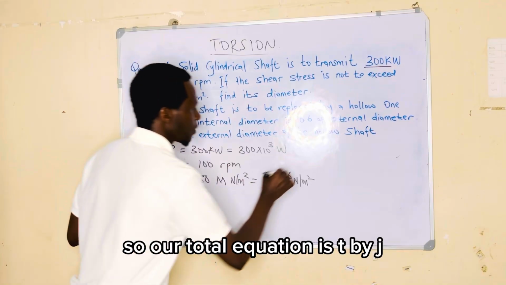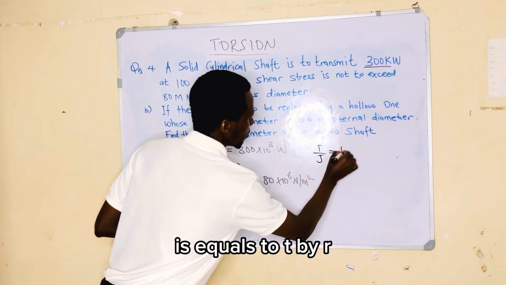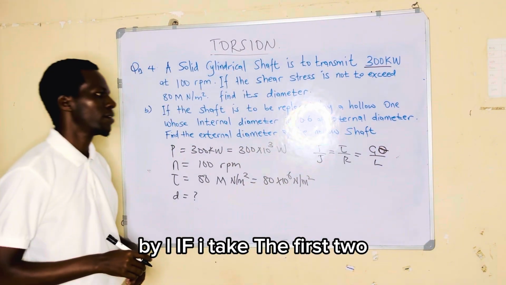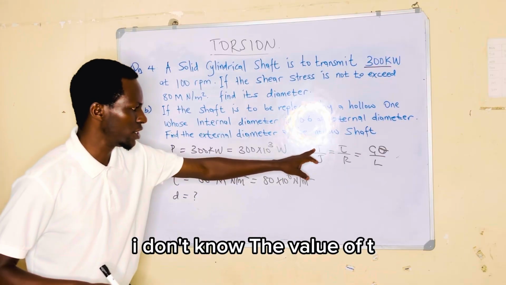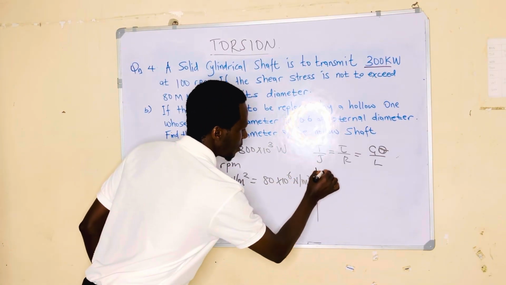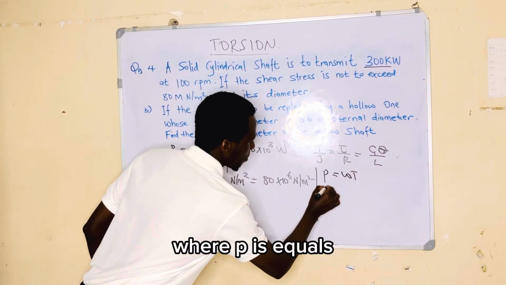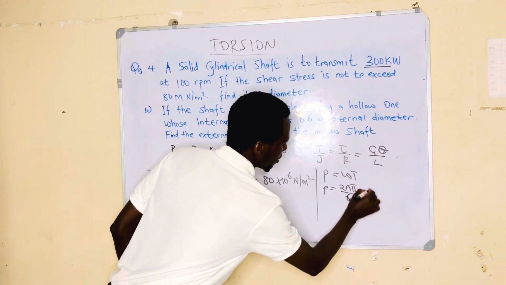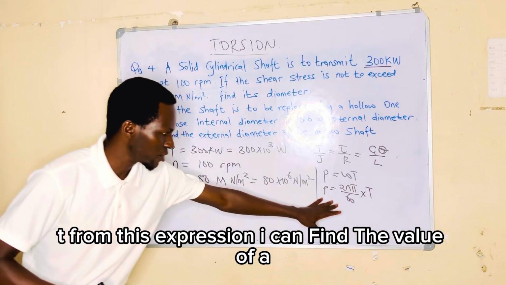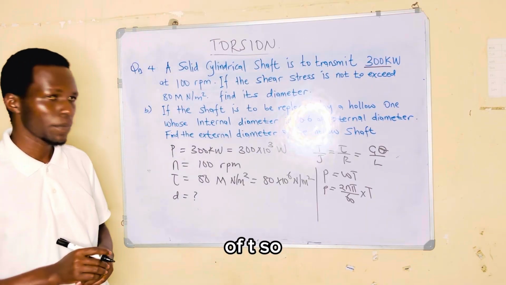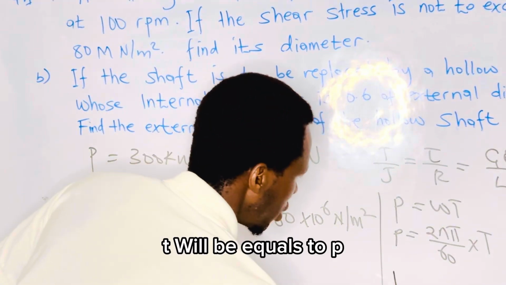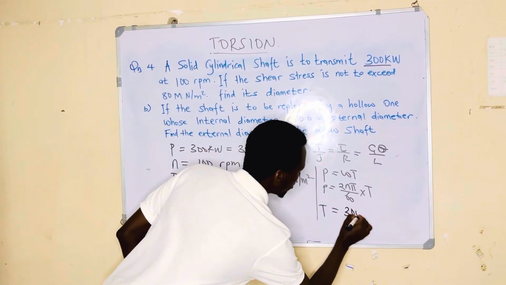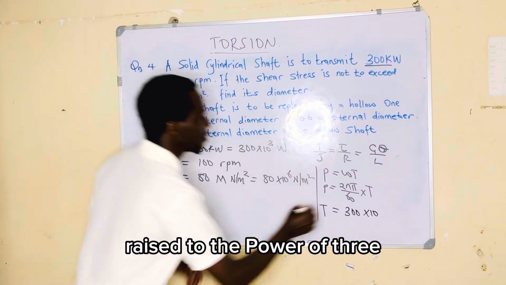So our torsion equation is T by J is equal to tau by R is equal to G theta by L. If I take the first two, I don't know the value of T, but I gave you last time the formula that says P is equal to omega T, where omega is equal to 2 pi N divided by 60, times T. From this expression, I can find the value of T. So T will be equal to P. My value of P is 300 times 10 raised to the power 3.